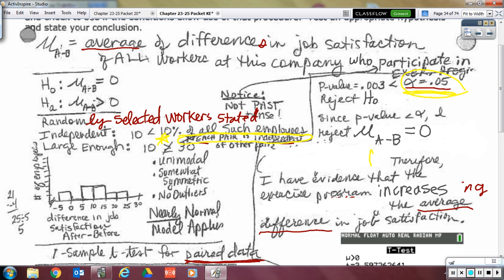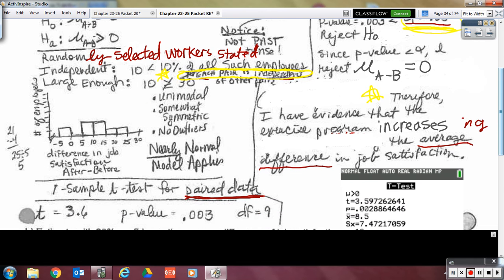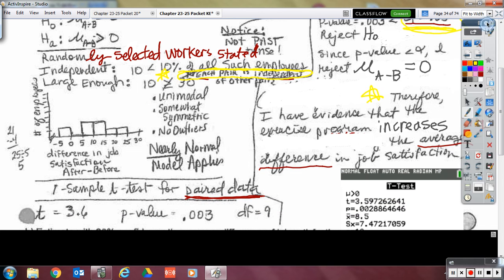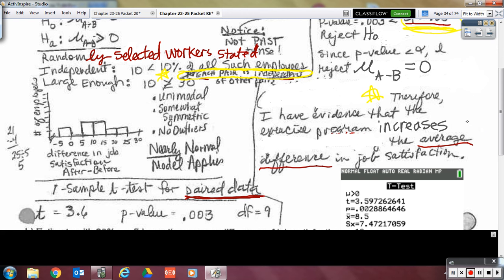Therefore, I have evidence that the exercise program increases the average difference in job satisfaction, because that's what this problem is about. Okay?